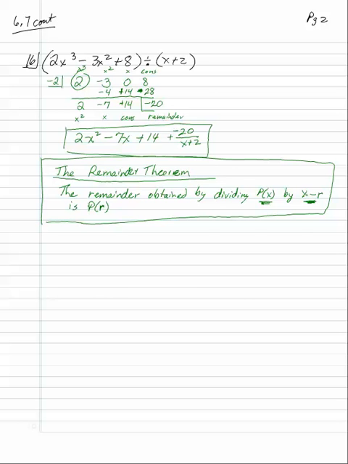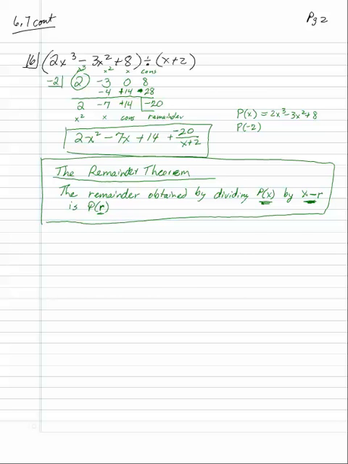So for instance, if I said p of x is 2x cubed minus 3x squared plus 8, and I asked you to put in negative 2, see this is minus r, this is r, so those signs are different.